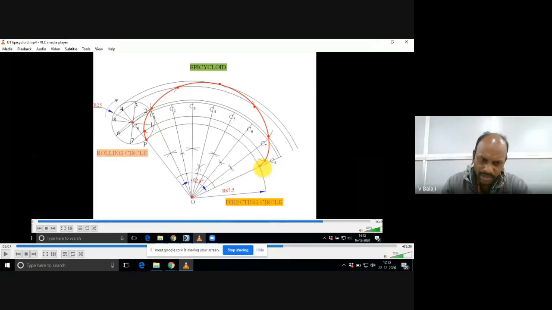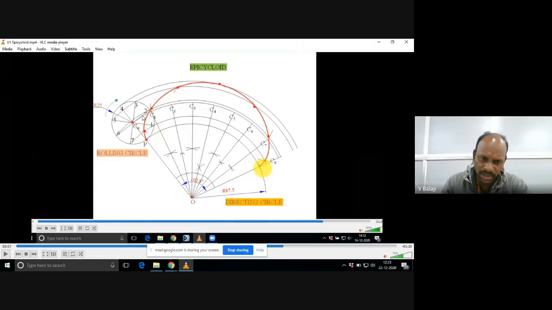But if you take O2 as radius, passing through 2 6, and draw one arc, that is not meeting with the center arc. The center arc and arc 2 6 have a small gap. That is also one of the differences between cycloid and epicycloid.